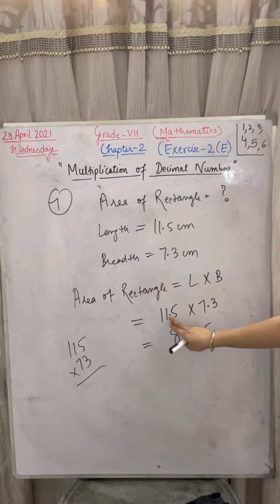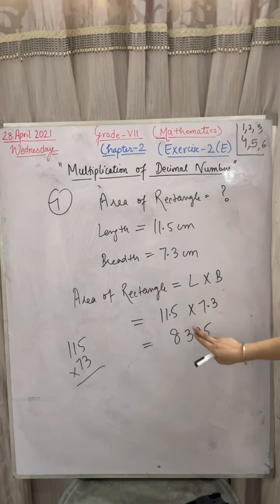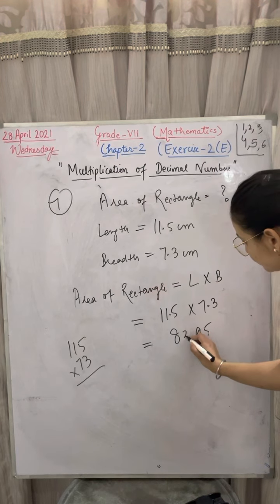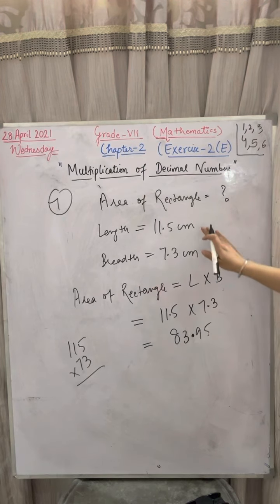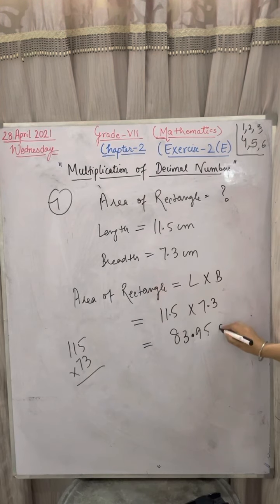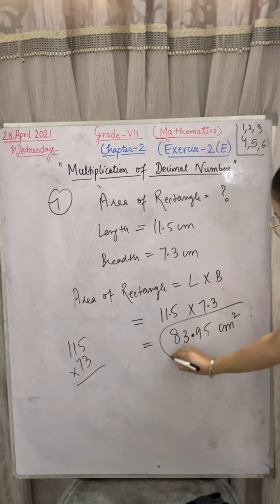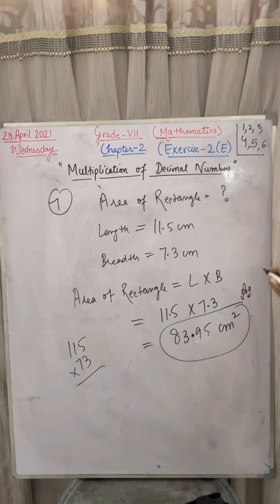That is before 1, before 1, that is total 2. So I can place the decimal before 2 digits. The units are given in centimeter, so the area will come in centimeter square. Area will always come in centimeter square. This will be your answer. Any doubt? Length is given, breadth is given, find out the area of the rectangle. That's it. It's very easy.